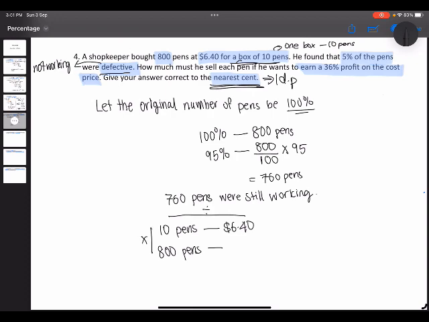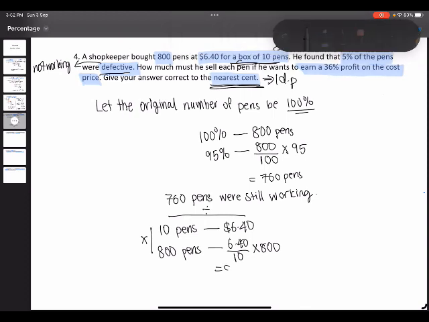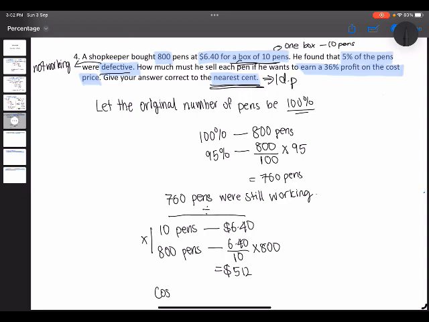Using divide and times, which is 6.40 over 10 times 800, which gives a value of 512.